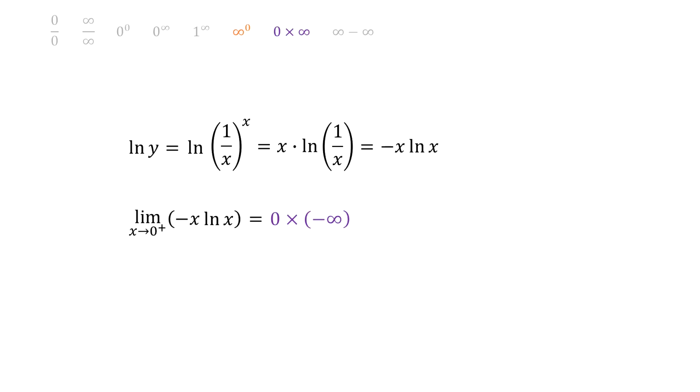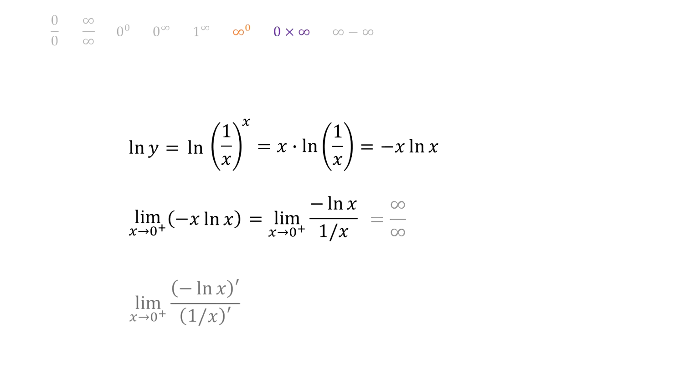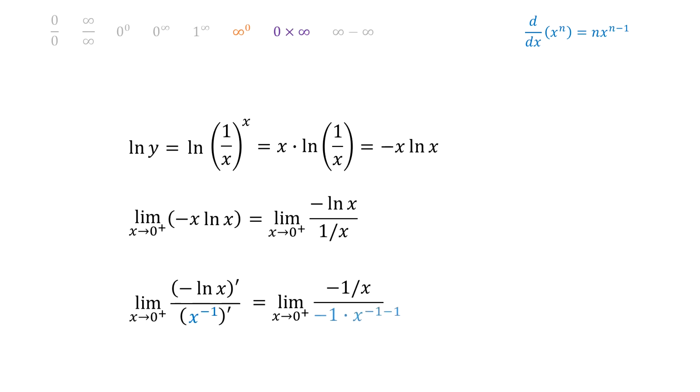Let's start by solving this limit. We'll rewrite the product as a fraction so we can apply L'Hopital's rule, as this is a well-known indeterminate form. Remember these derivatives? The first one is straightforward. The derivative of ln x is 1 over x. As for the second one, we need to apply the power rule. Rewrite as x raised to negative 1 and apply it.